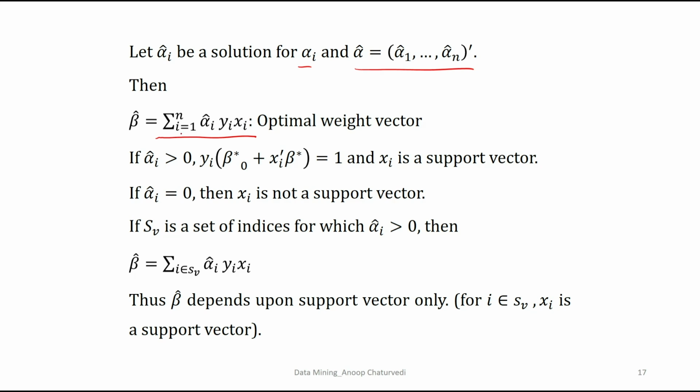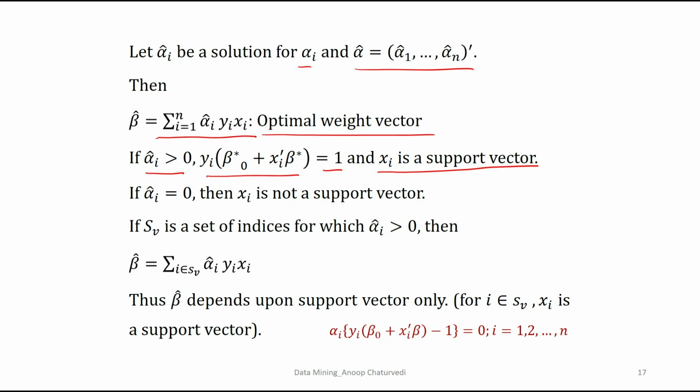So, you get summation over i alpha i hat yi xi as the optimal weight vector. Now, if alpha i hat is greater than 0, then yi beta naught star plus xi transpose beta star is equal to 1, and in that case xi is a support vector.